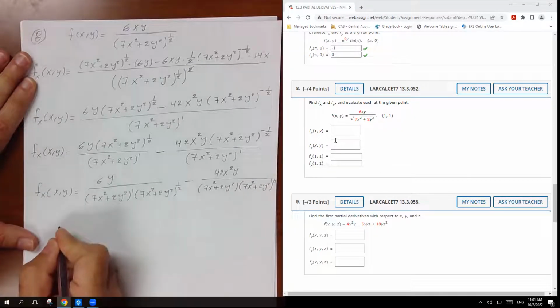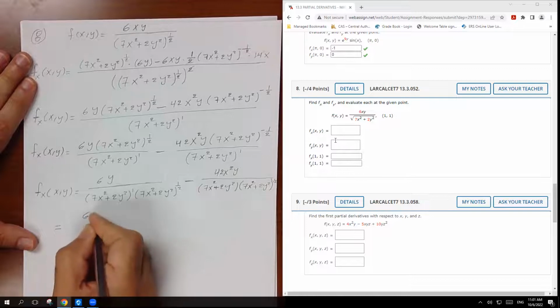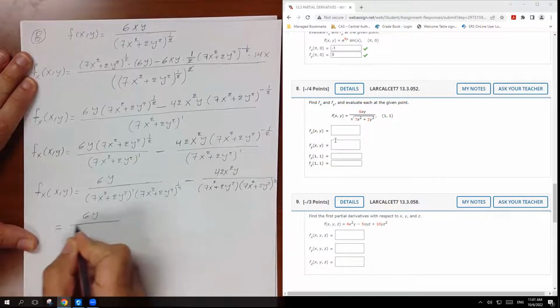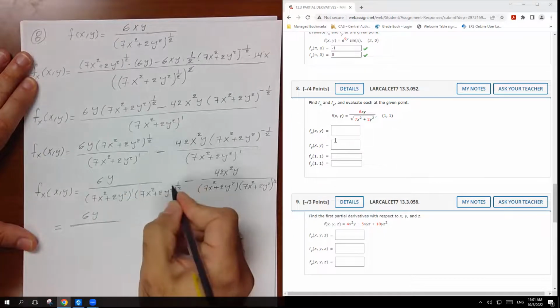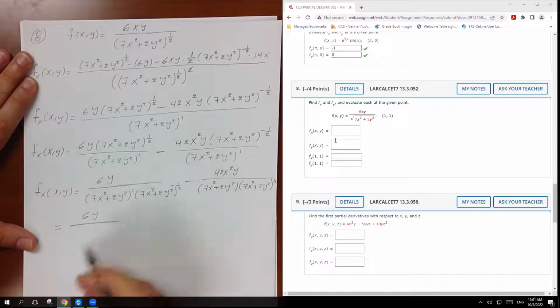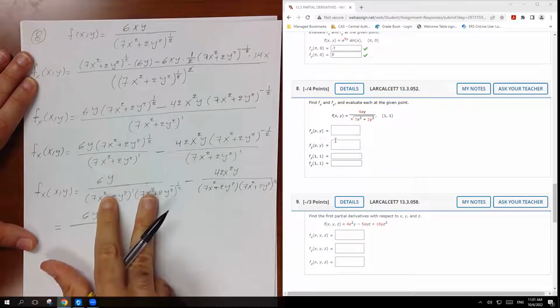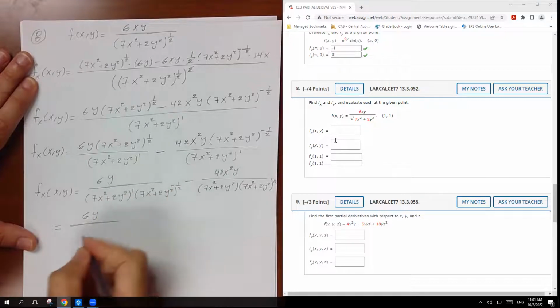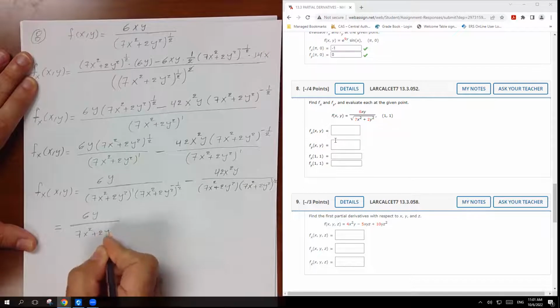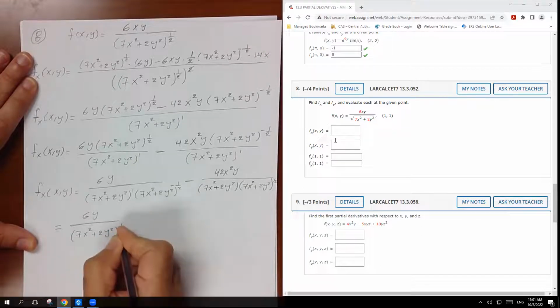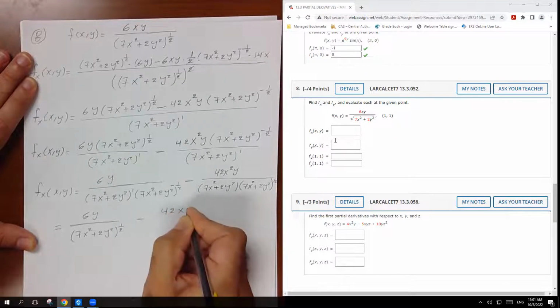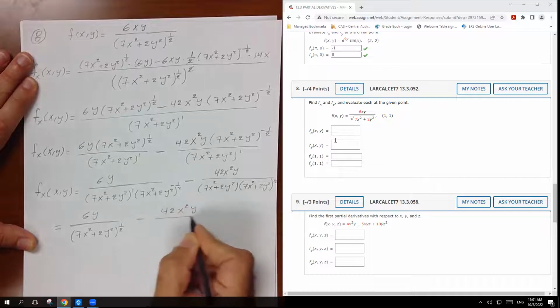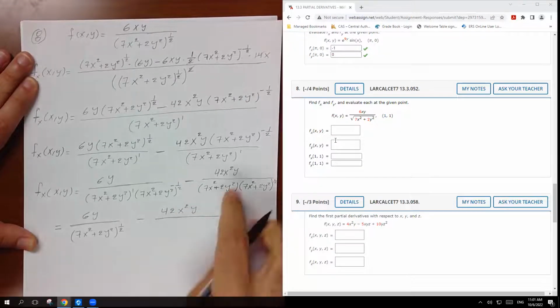Now let's simplify this one. This one is going to be 6y divided by, this one is negative half. So add these together, because when you multiply the same base, exponent rule, you're going to add the exponents. So 6y over 7x squared plus 2y squared to the half, minus 42x squared y over the same thing here.